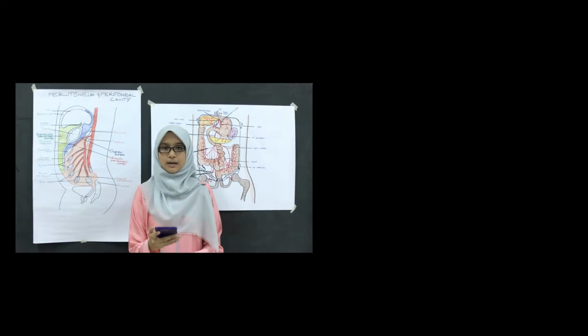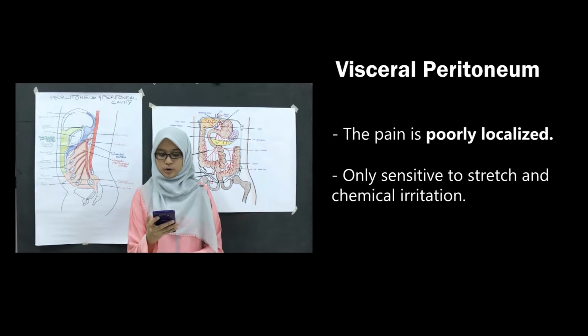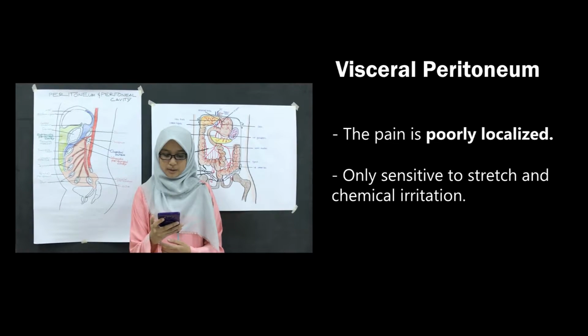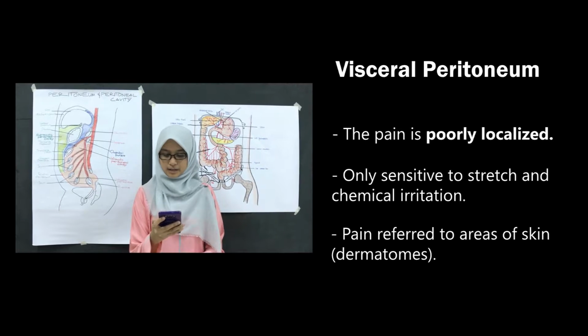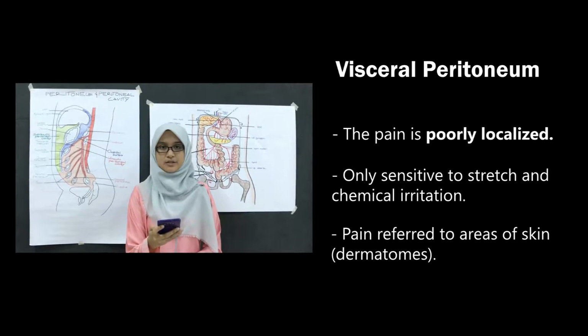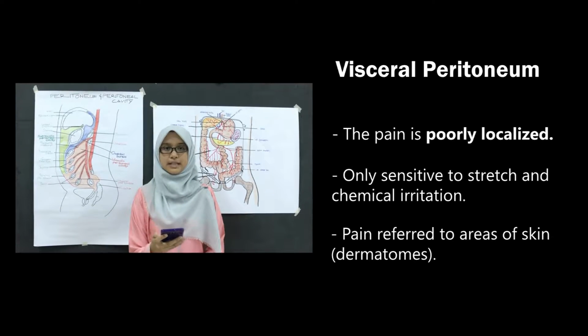The visceral peritoneum is poorly localized and only sensitive to stretch and chemical irritation. Pain from the visceral peritoneum is referred to areas of skin, dermatomes, which are supplied by the same sensory ganglia and spinal cord segments as the nerve fibers innervating the viscera.